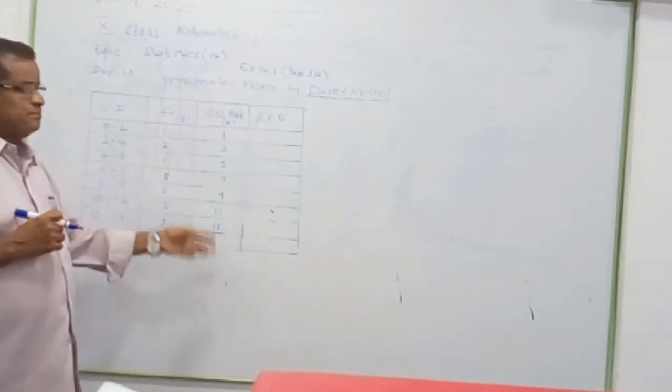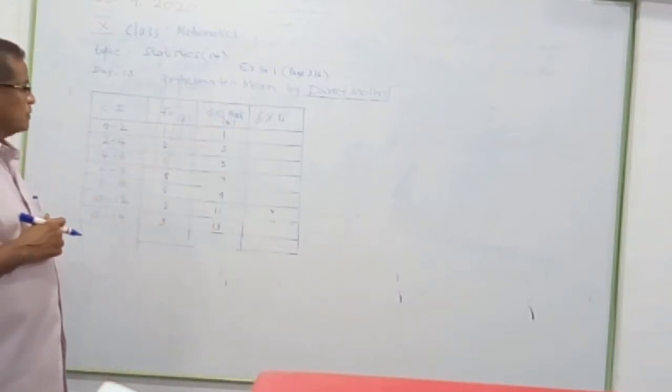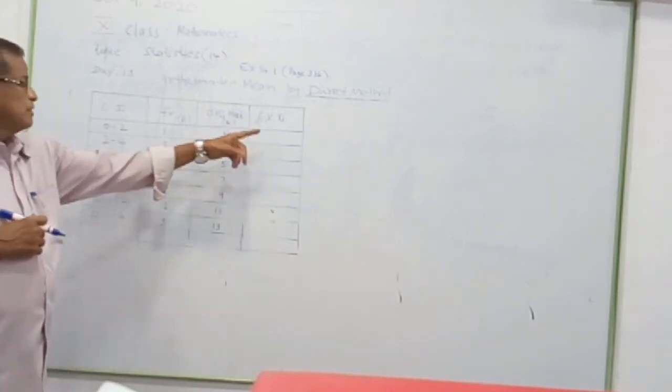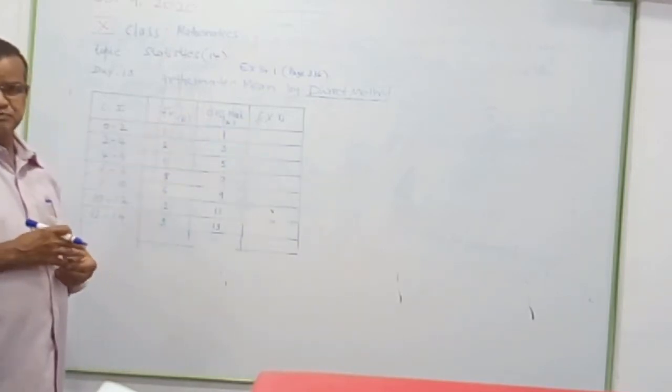After writing class marks, multiply Fi into Xm.